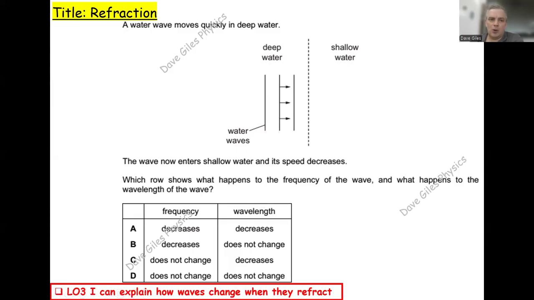So if we look back at what we said earlier with what is changing when refraction occurs, we said that the frequency does not change, but the wavelength does change. In this case, it's decreasing because it's going from deep to shallow. So remember, shallow decreases.